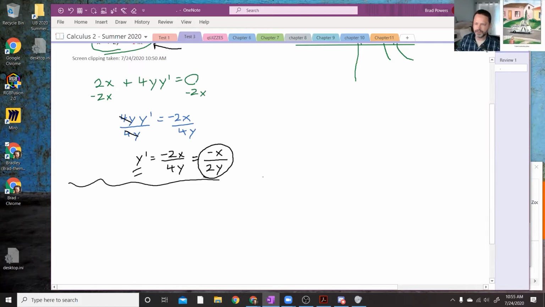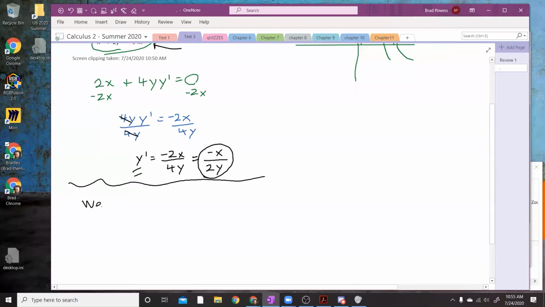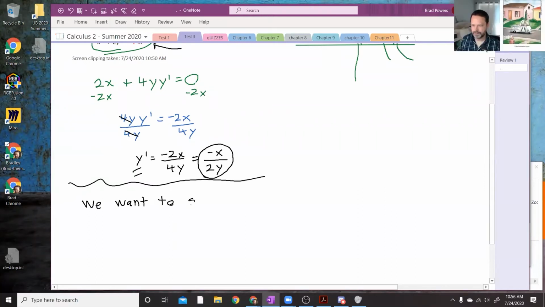We want to solve this. We want to know when the derivative y prime is the negative reciprocal of this. We want to find the family of curves that are orthogonal, that intersect perpendicularly to all the points of these curves.